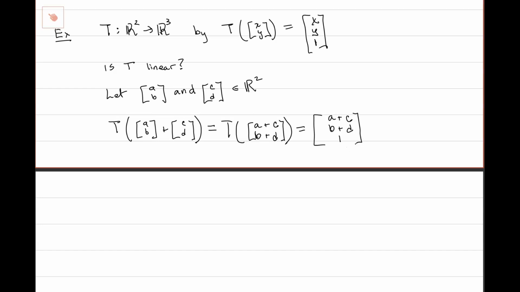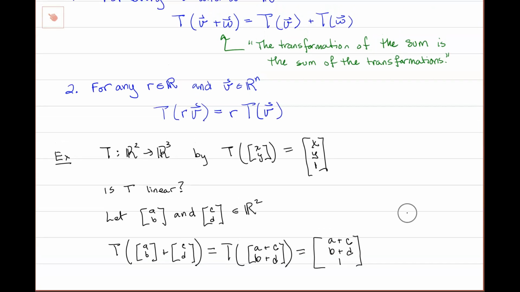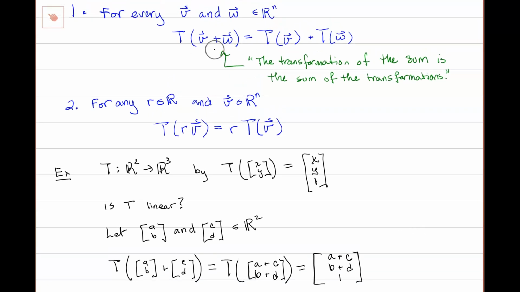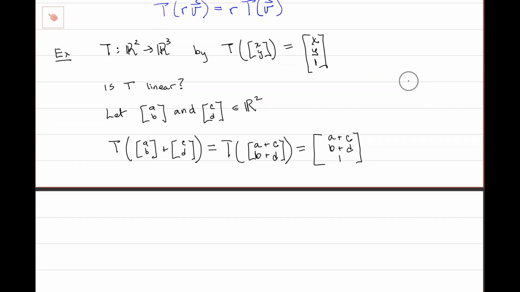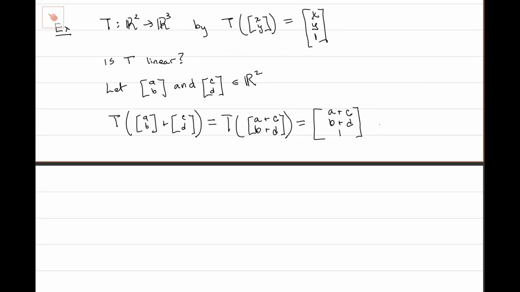Now let me scroll back up here, and we'll see what the right-hand side of this equation looks like. So we just computed the transformation of the sum. We computed the sum of the two vectors, (a, b) plus (c, d), and then computed the image of them under this transformation. Now we have to ask, what does the right-hand side look like? Does it match? So we'll take the transformation of each of these two vectors individually and then compute their sum.